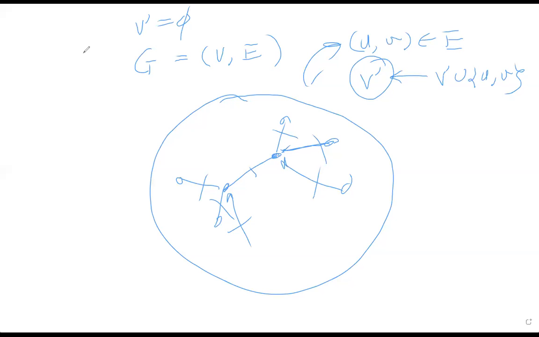So the thing is, how good is this vertex cover compared to the optimal solution?